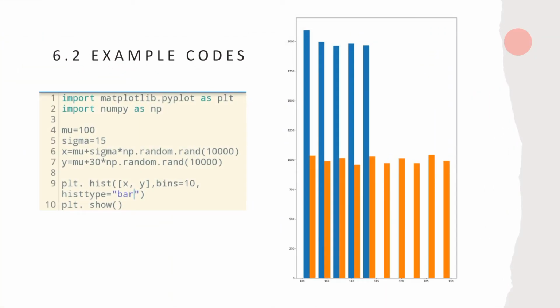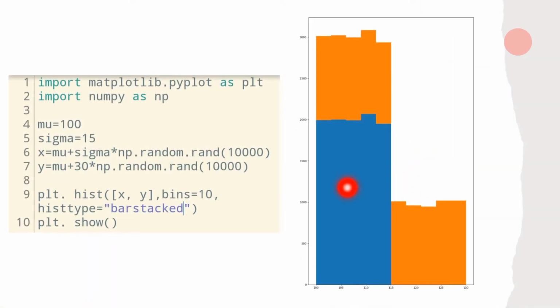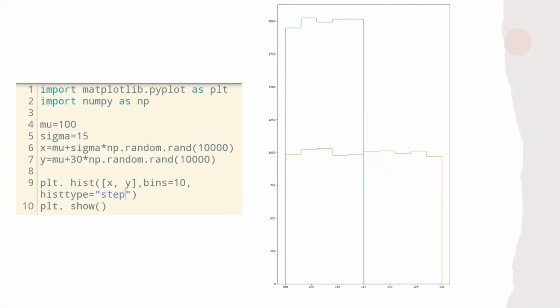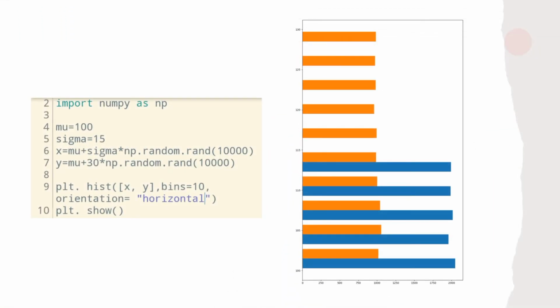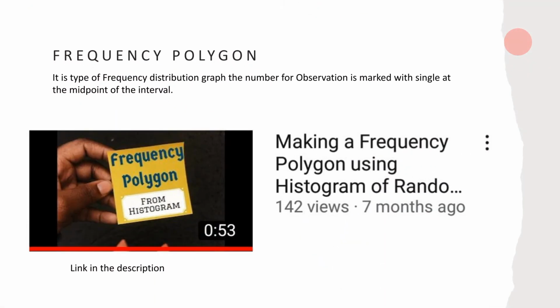Some of the examples you have seen already. This is a bar with bins 10, histtype bar, and data values. Then again the same data but with histtype barstacked looks like this. Then with step, it will look like this, and with horizontal orientation, it will make something like a barh graph, or horizontal bar graph.